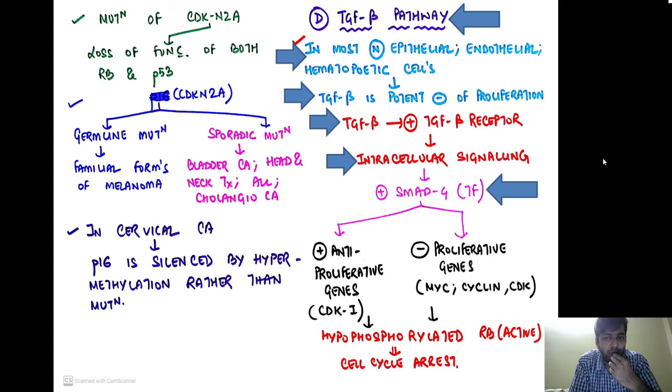The net result is they stimulate the anti-proliferative genes, which are cyclin dependent kinase inhibitors, and they inhibit the proliferative genes like MYC, cyclin and cyclin dependent kinase. So the net result is a hypophosphorylated, active form of RB, leading to cell cycle arrest. This is what the TGF-beta pathway normally does. The TGF-beta pathway basically inhibits cell growth.